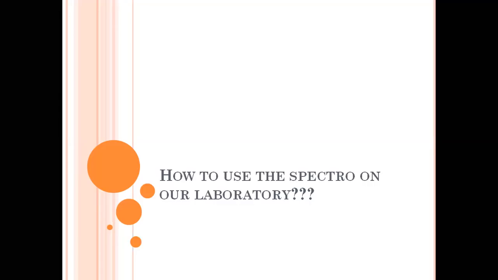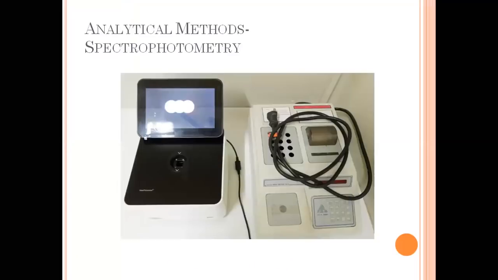So how do we use the spectro in our lab? We have here the two types of spectro available in the lab. As I mentioned, one of them is the Sirana. It seems to be from my time, or from the time of Sir Adarbe. This is the spectro we had before.